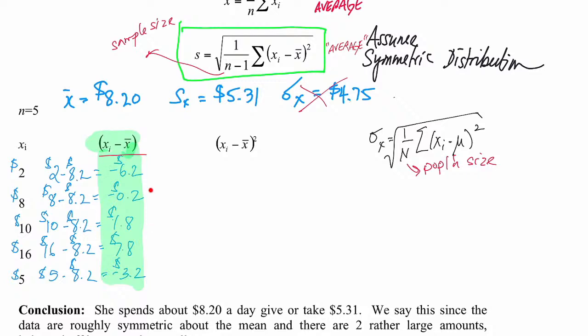Why don't you just average the deviations from the mean? Why don't we just do that? Why do we go through all this other stuff? So take a moment and enter those values into your calculator and calculate the average of these values.